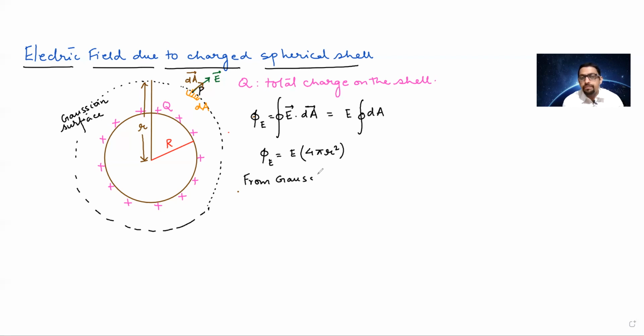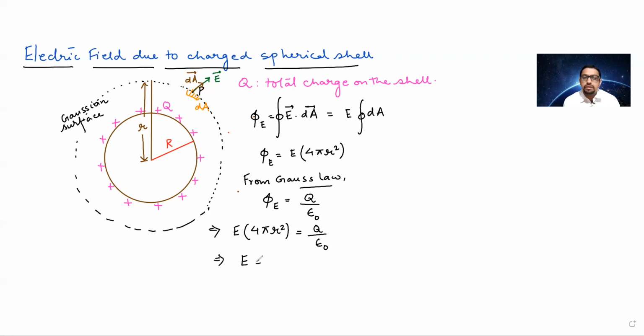From Gauss law, as we are doing the application of Gauss law, we know that this electric flux is equal to the charge enclosed. The total charge enclosed is Q by epsilon naught. So this implies that E times 4 pi r squared is Q by epsilon naught.